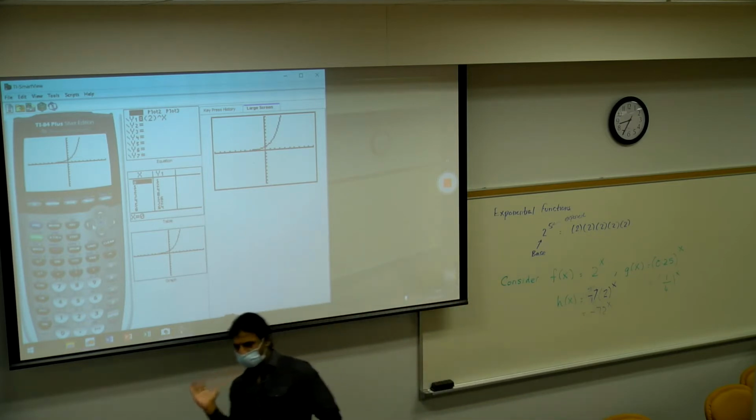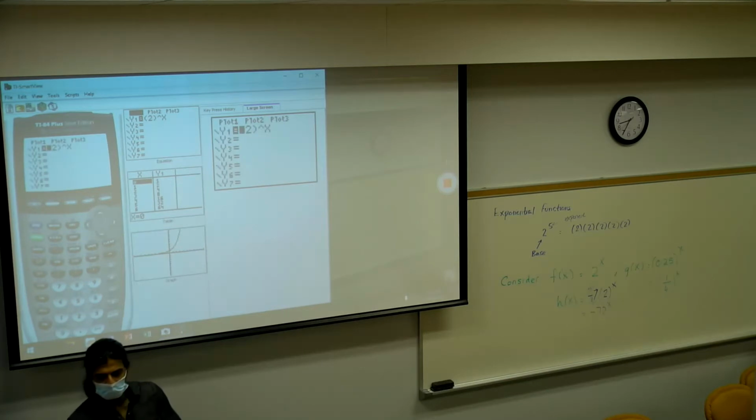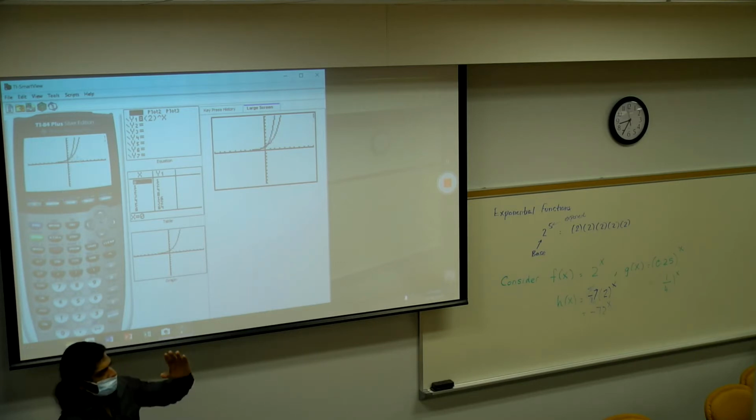Right, the curve is going to go up faster, so it is growing at a rapid rate.